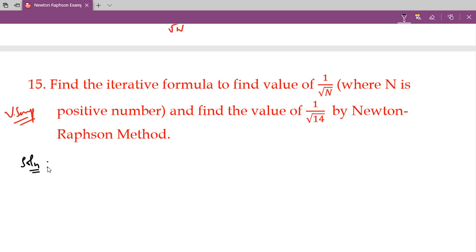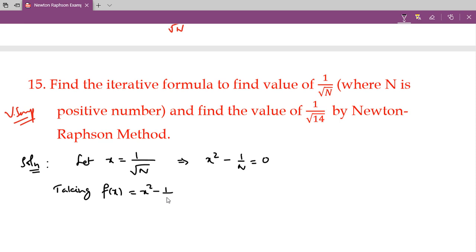Solution. Let x be equal to 1 by root n. Squaring on both sides gives x square minus 1 by n is equal to 0. Therefore we consider f of x equal to x square minus 1 by n.